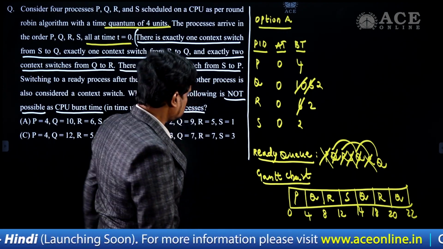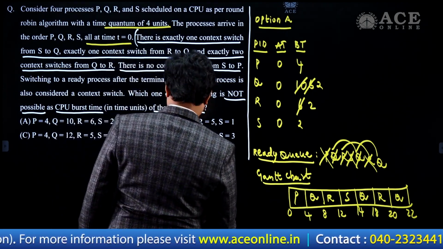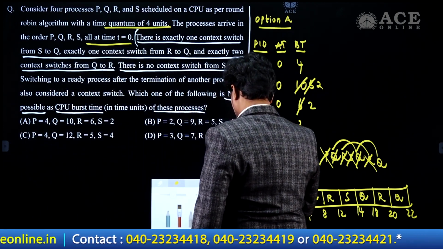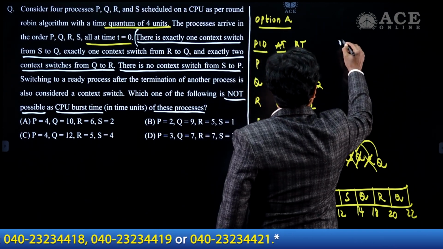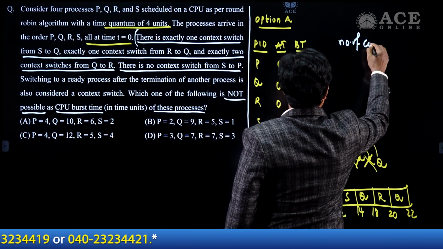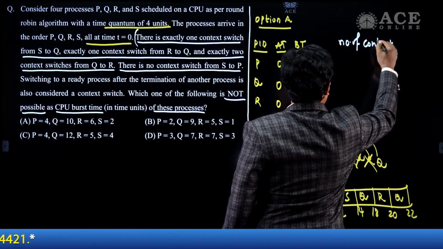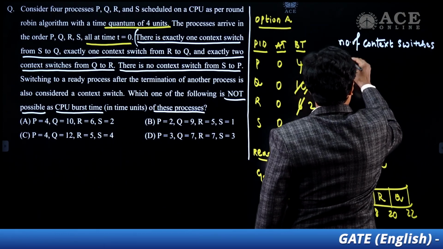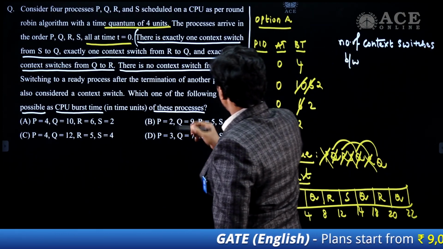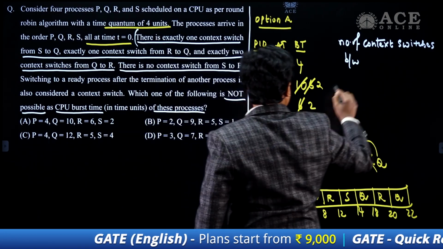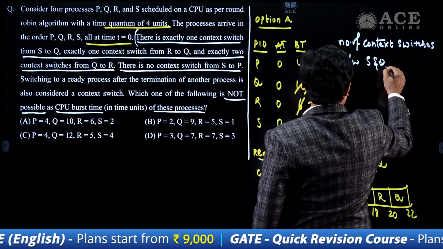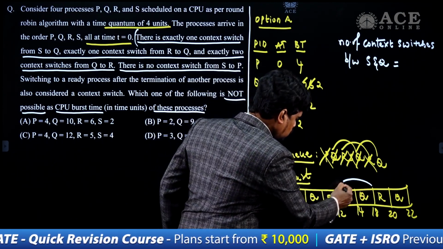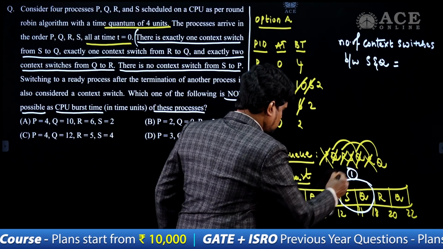Okay. So now look at the number of context switches. Number of context switches between S and Q. If you verify, between S and Q you have only one context switch here, right?